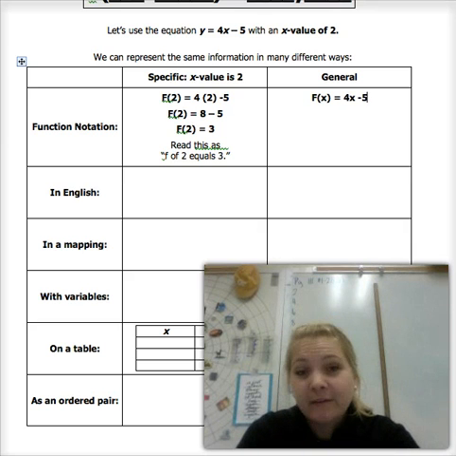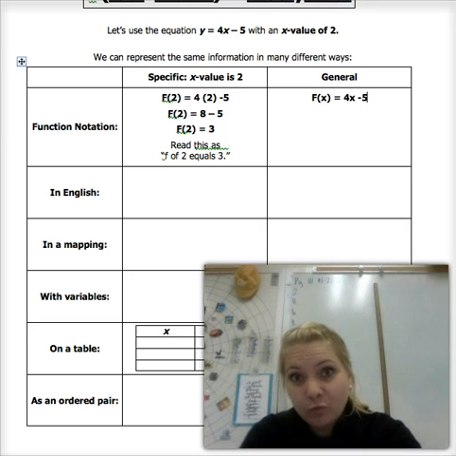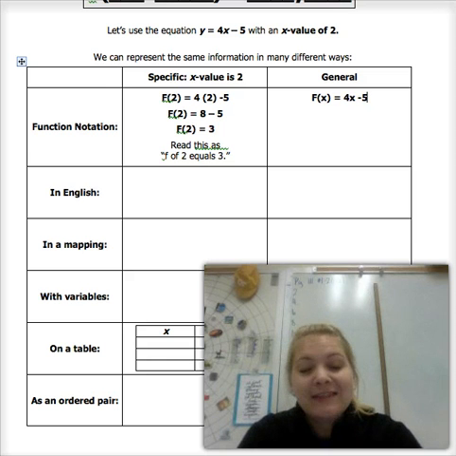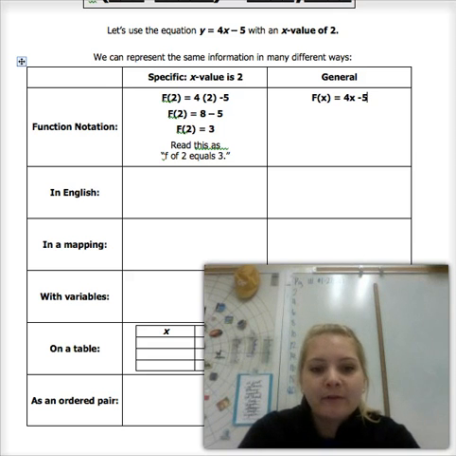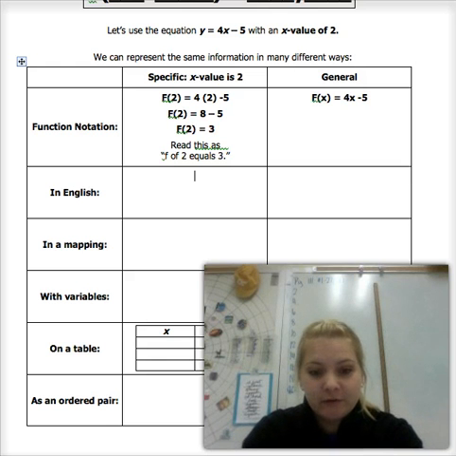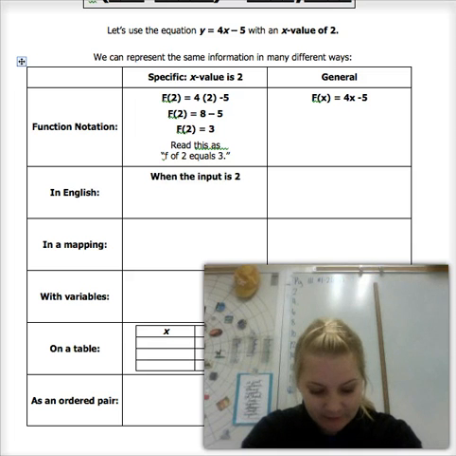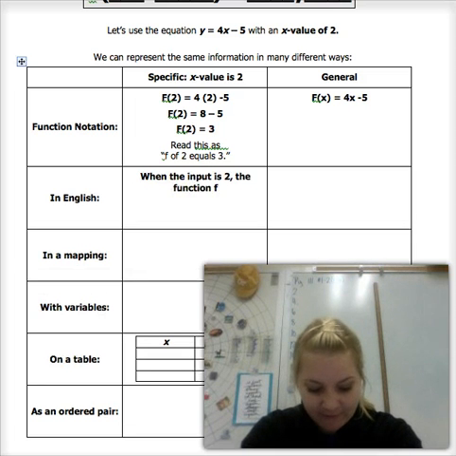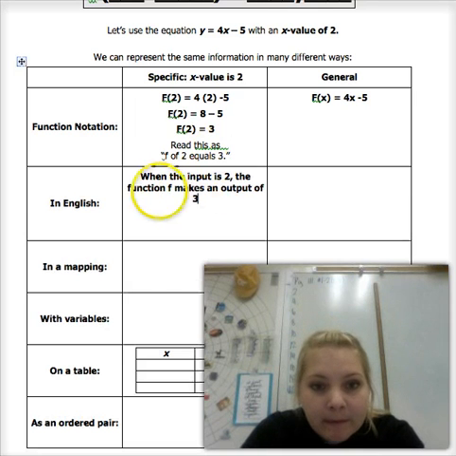You can look at f of x as a really fancy way of saying y instead, and it emphasizes that input and output variable that we're looking at. So in English, we would say when the input is 2, the function f makes an output of 3.